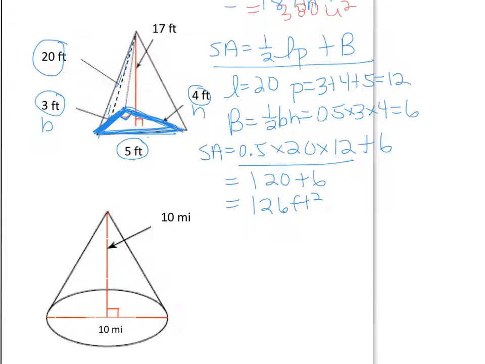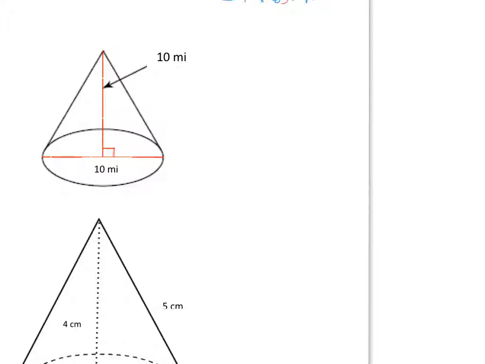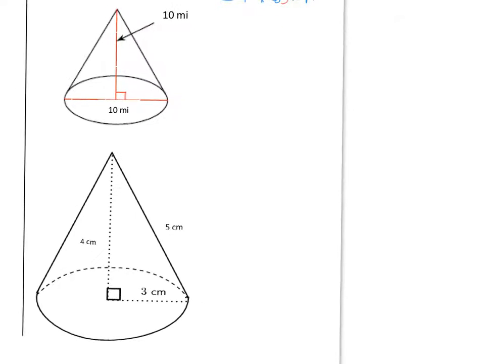For number 4, we're going to use a cone. As a matter of fact, we're using cones for both 4 and 5. So we'll go ahead and write our surface area formula, which is pi r squared plus pi r times the slant height. So now we need to find the radius and the slant height.